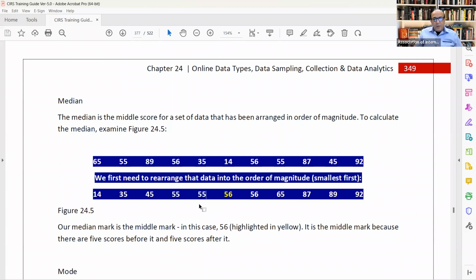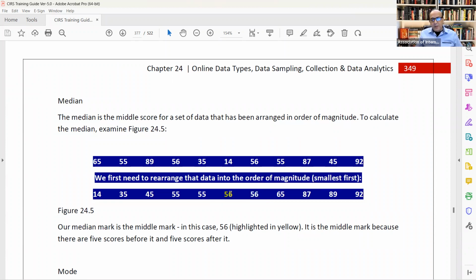So you would have to come up with a median, which means that the sixth number, 1, 2, 3, 4, 5, sixth number would be considered median, even though another instance of 56 is here. But here 56 would mean something different from what the second occurrence of 56 would mean. So this could cause confusion and could be a problem.